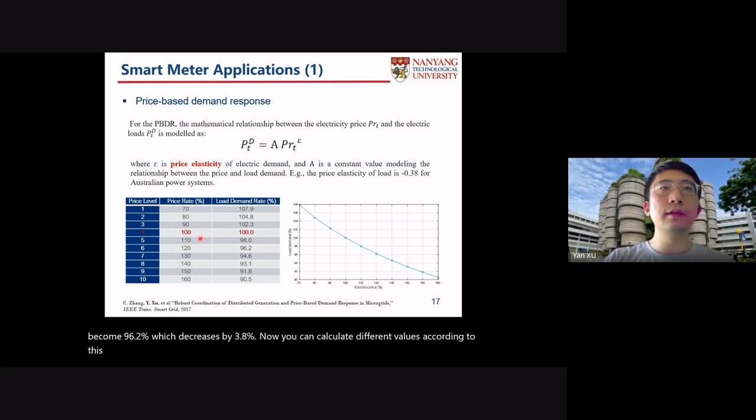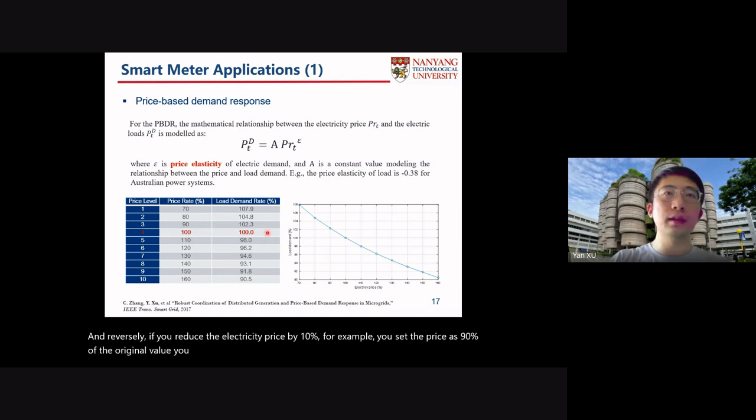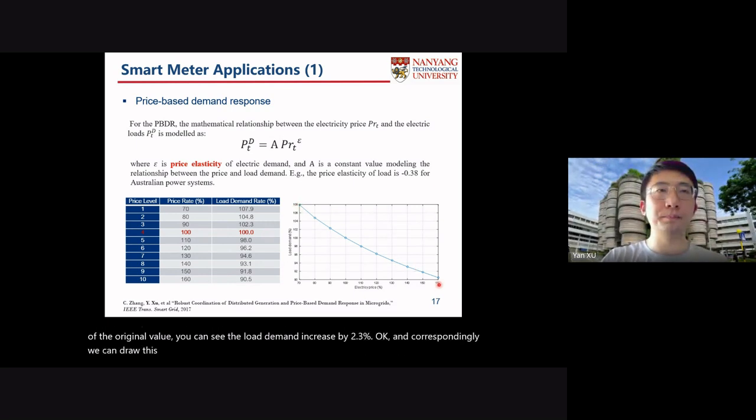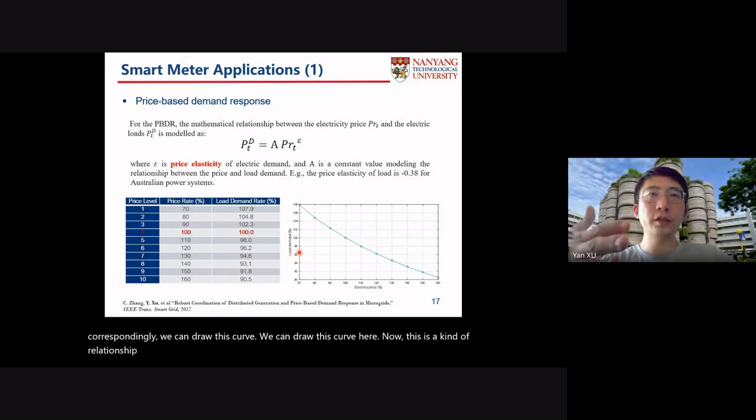And reversely, if you reduce the electricity price by 10%, for example, you set the price as 90% of the original value, you can see the load demand increases by 2.3%. Correspondingly, we can draw this curve. This is the relationship between the price change and the load demand change.